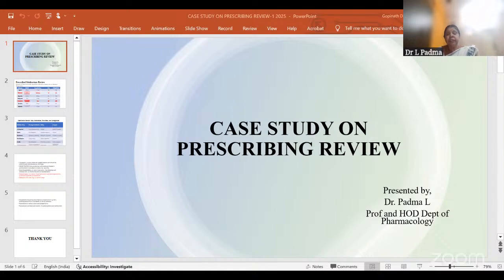So we can't change rifampicin. So ask her to avoid OC pills and choose alternative methods like condom or IUCD. Again, review the patient's drug history at every new clinical encounter and consider the potential drug interactions.